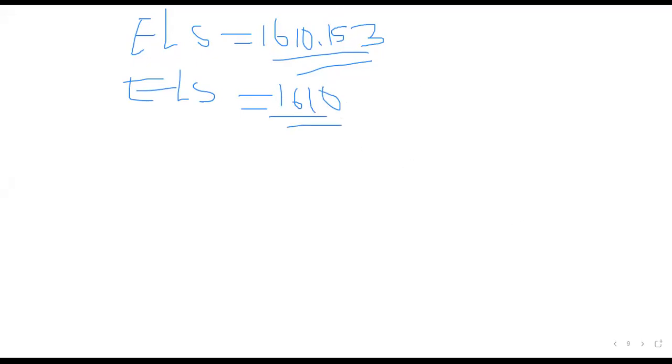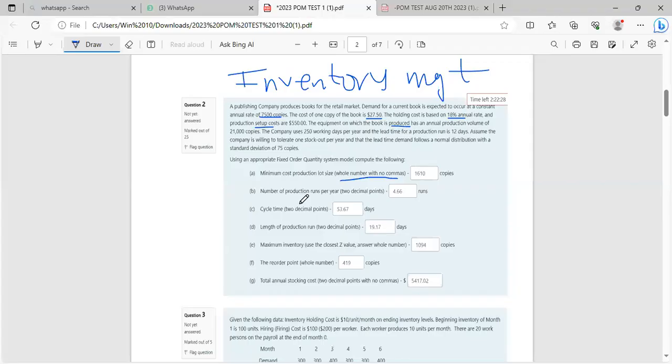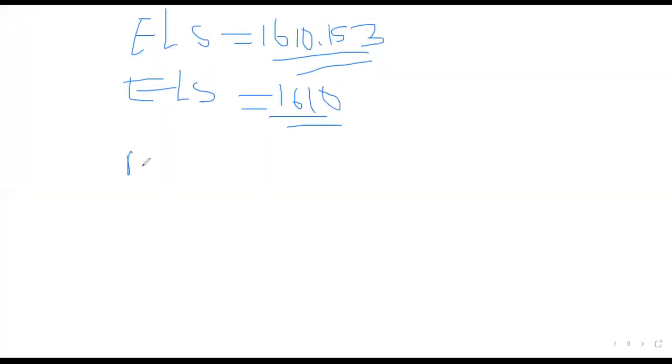Then from here, we can now get down to the other one. The other one says number of production runs per year. The number of production runs is equal to annual production over EO, the economic load size.